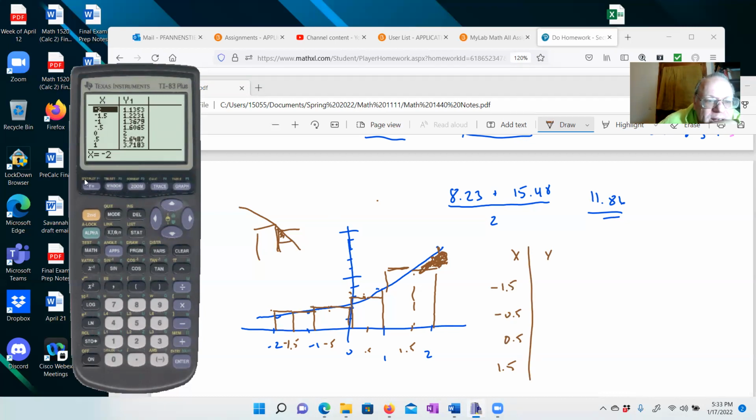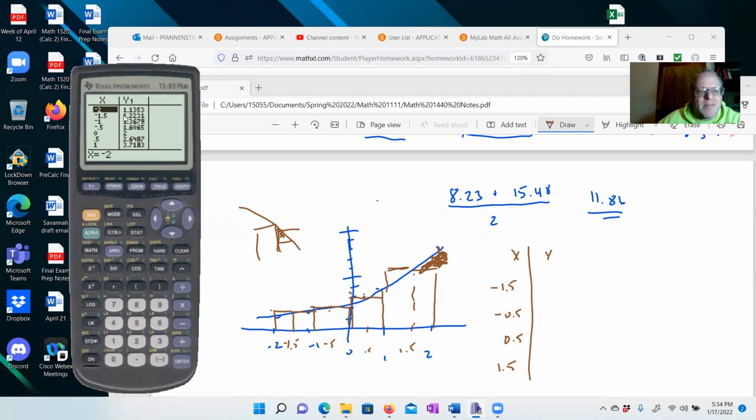I said delta x is 0.5, so we would have that table already there. Okay, so back to the table.